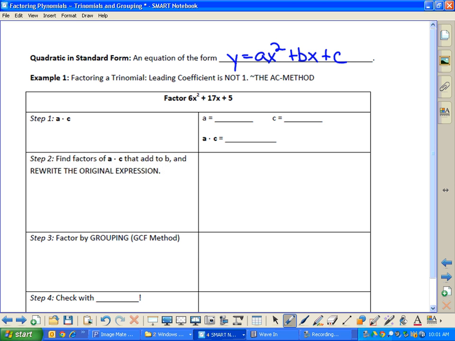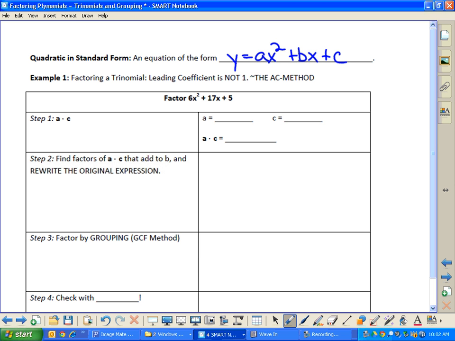This would be just a number on the end of the problem. Why that's important is because if we're going to use something called the AC method, it's important to have your quadratic written in standard form so that you can correctly identify what number is A, what number is C. So it's helpful for you to always try to write your quadratics in standard form first.